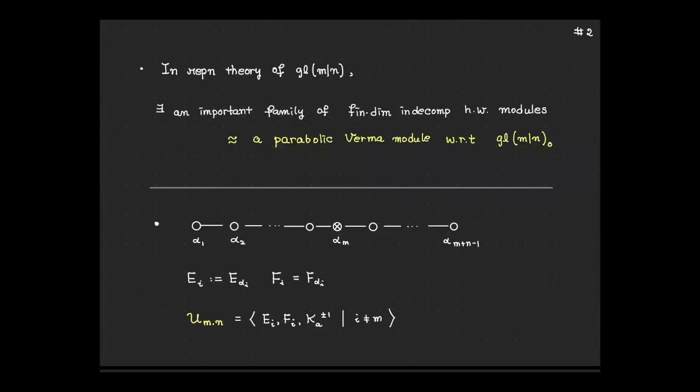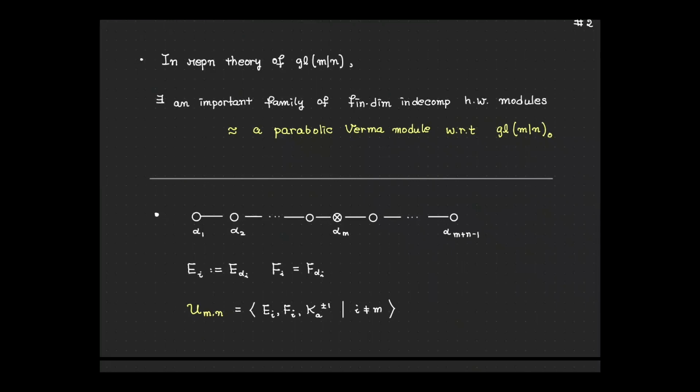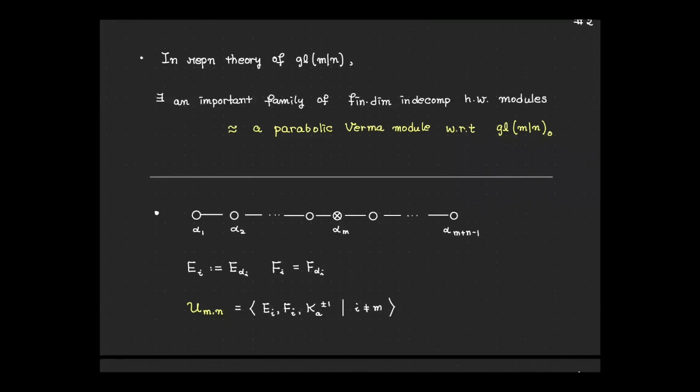Okay, so here is the Dynkin diagram of the quantum superalgebra U_q(gl(m|n)). Then we want to think of a certain parabolic Verma module. And actually, we take the maximal Levi algebra of even type. That means we ignore the only odd isotropic simple root.